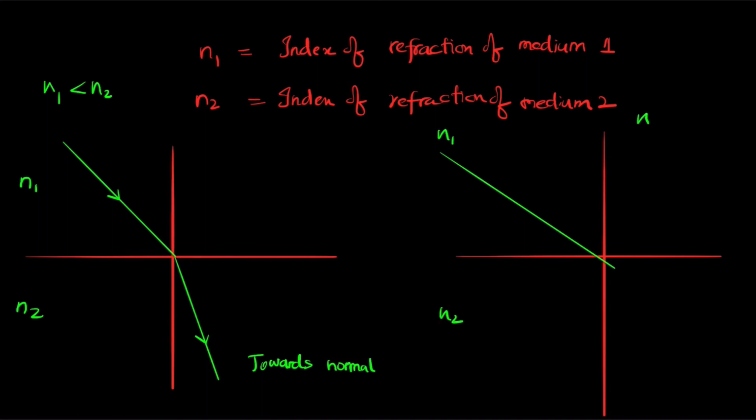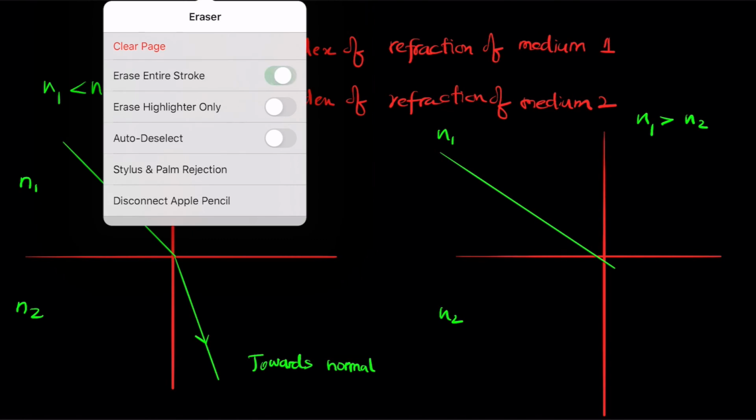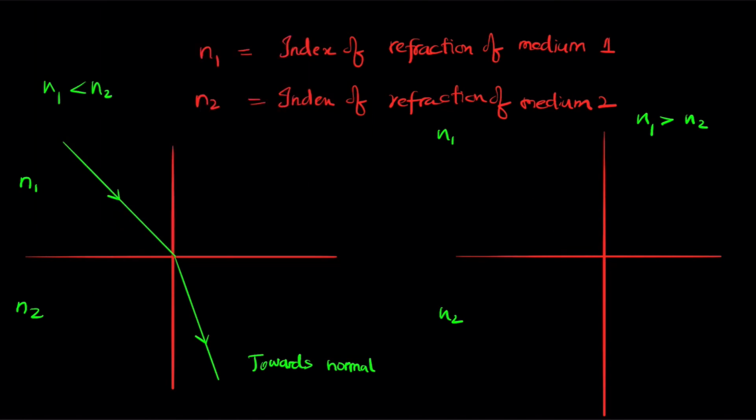If N1 is greater than N2, then the light wave that comes in will bend away from the normal.